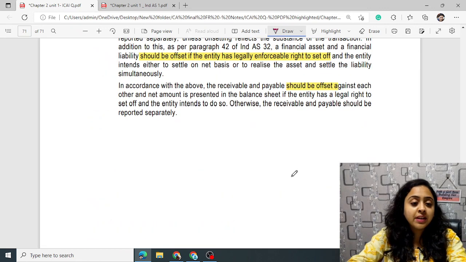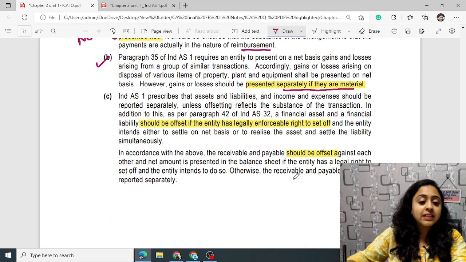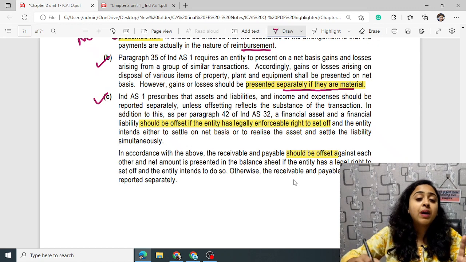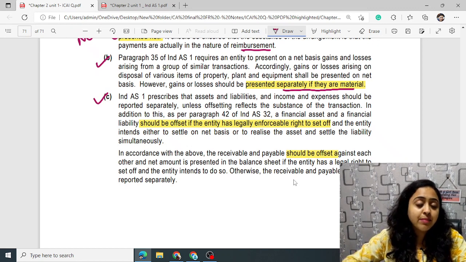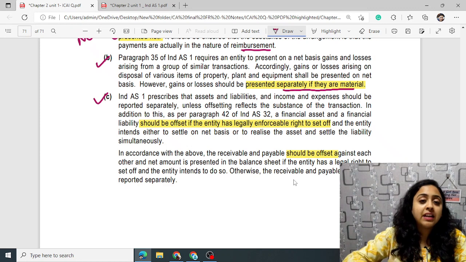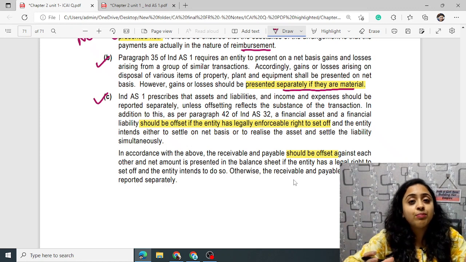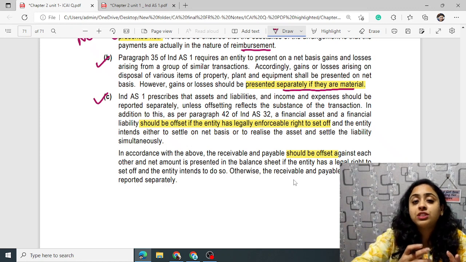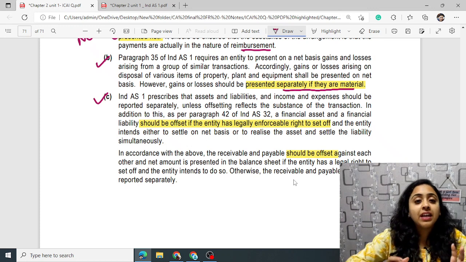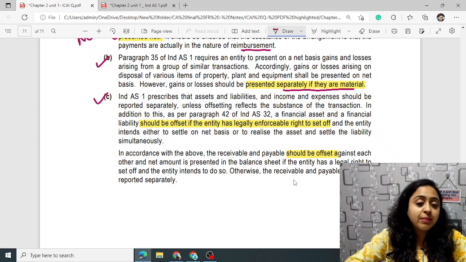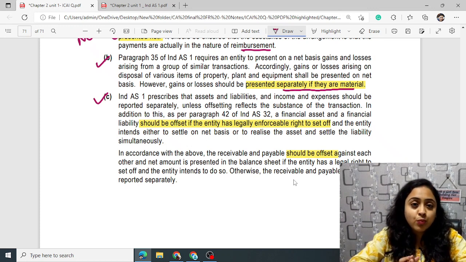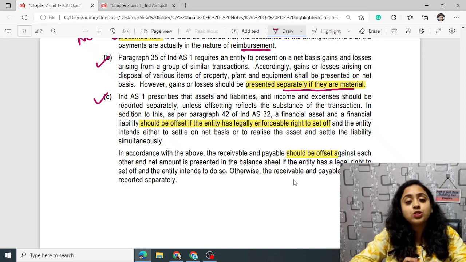So can they be set off? Then we are saying that if the party is the same and there are contractual liabilities, and they are legally in a position to enforce the same and offset the same, then only they can be shown as one and netted off. Other than that, they should be shown separately.